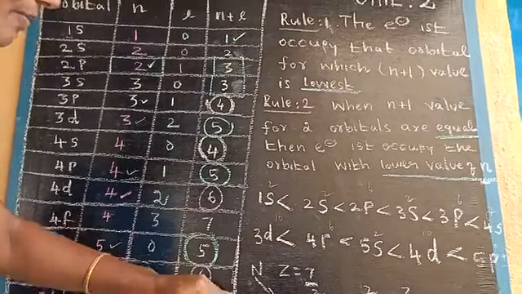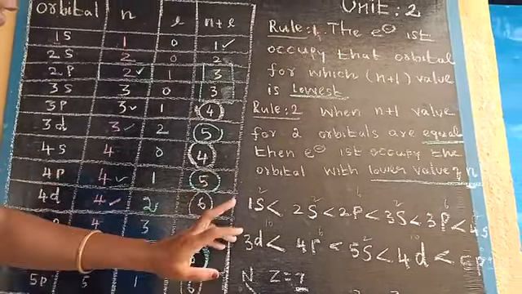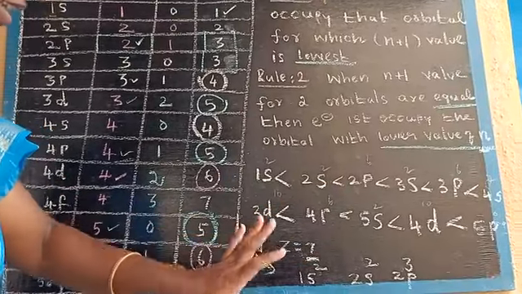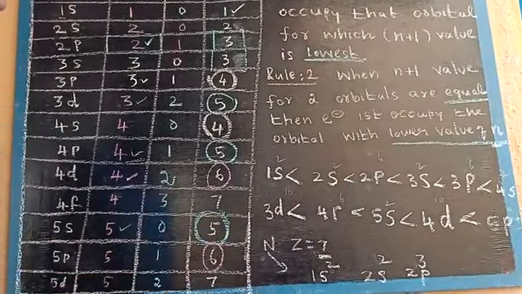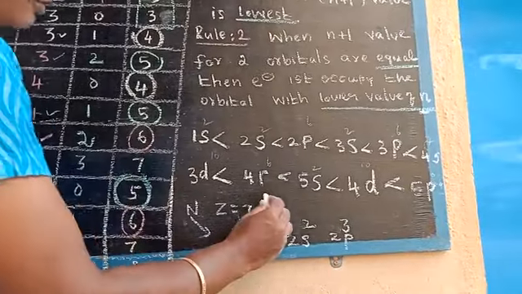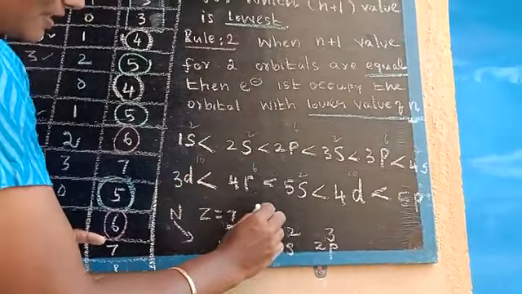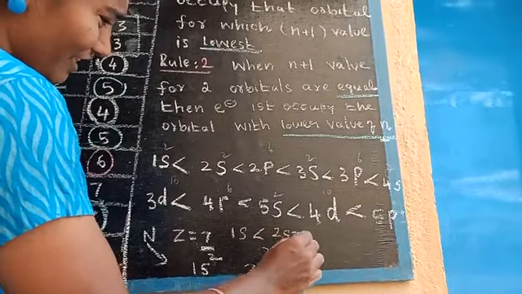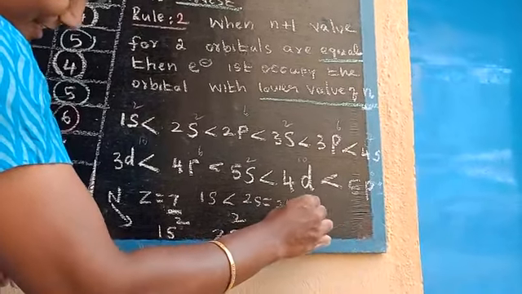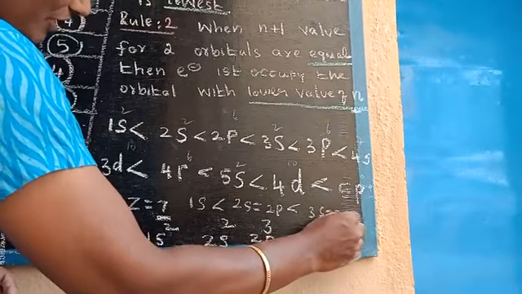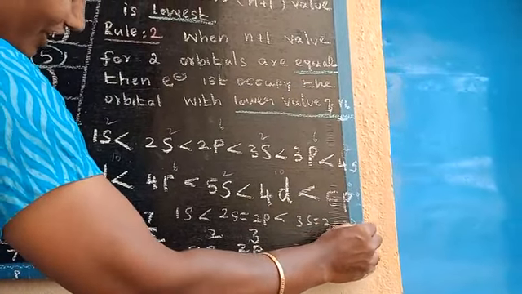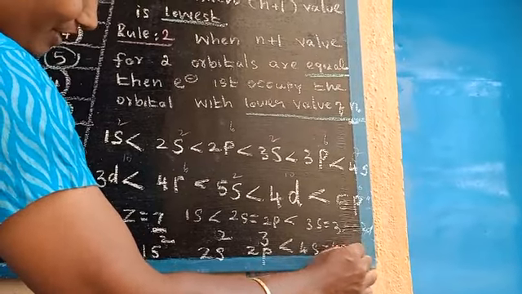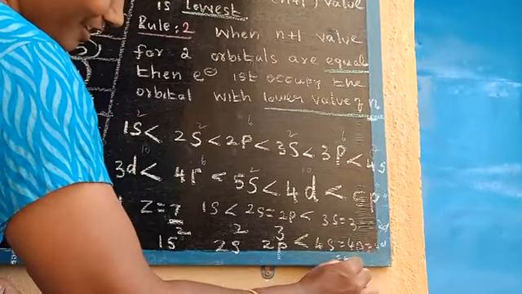Okay, children, now come to the point. In a multi-electron system, the energies of orbitals order is like that. But in one electron system, what is the order? You know very well. In one electron system the order is 1s, next 2s equal to 2p, next 3s equal to 3p equal to 3d, next 4s equal to 4p equal to 4d equal to 4f.